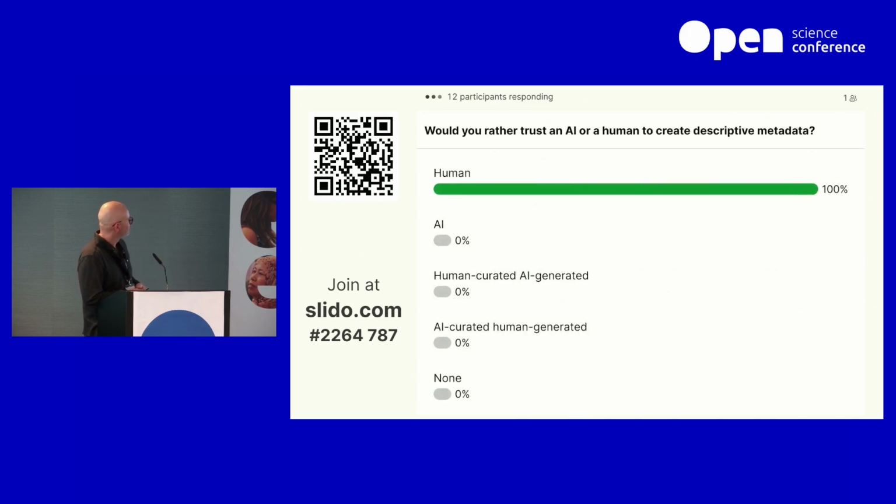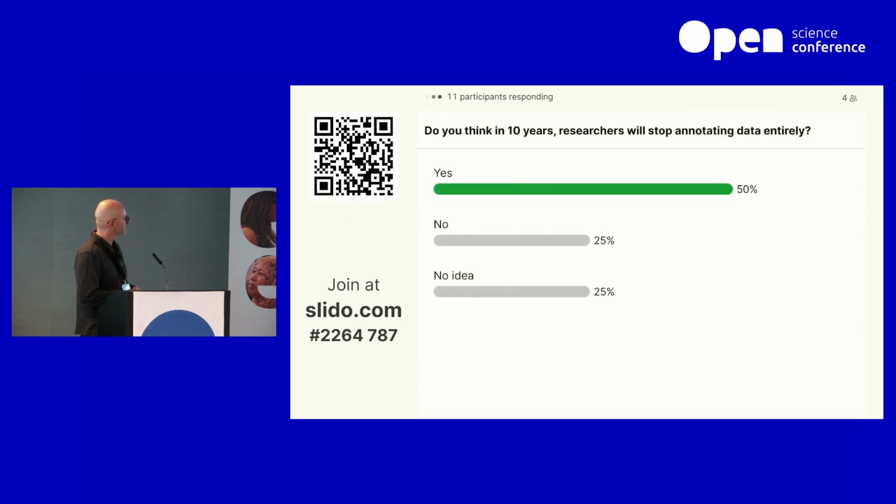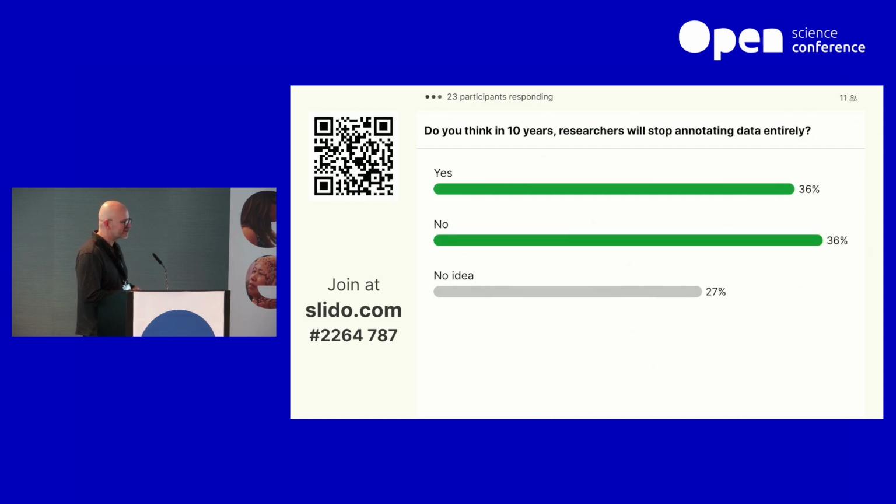Would you rather trust an AI or a human to create descriptive metadata for your data sets? And do you think in 10 years researchers will stop annotating data entirely because maybe AI can do it for us?